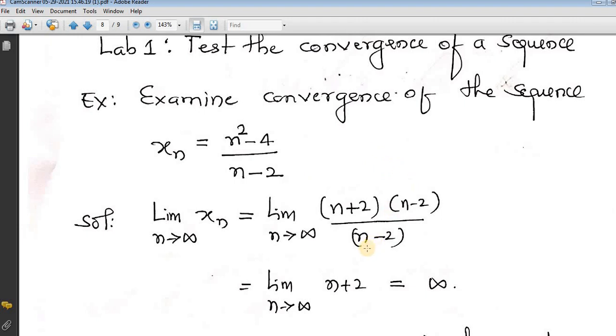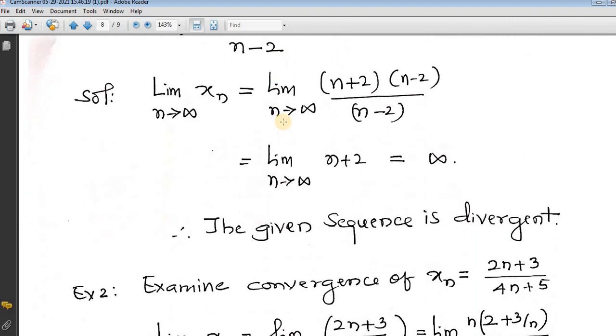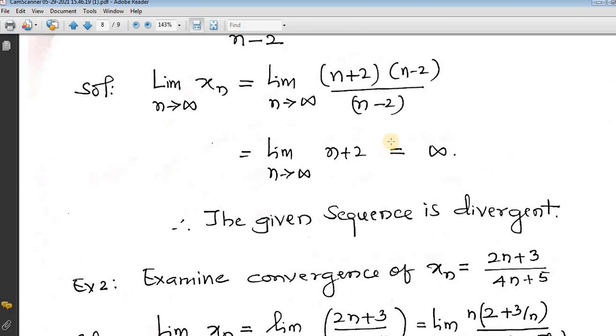So these two, n minus 2, will get cancelled, only n plus 2 remains, and substitute the value of n equals infinity, and infinity plus anything will be infinity. Therefore the given sequence is not convergent, it is divergent. The limit of the given sequence is plus infinity, therefore it is divergent.